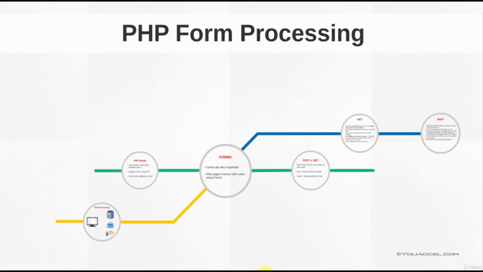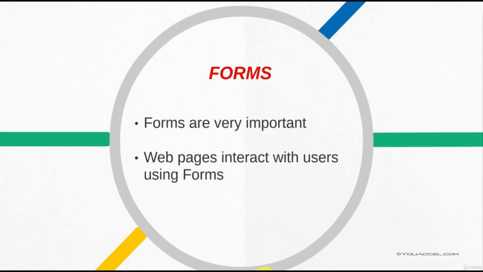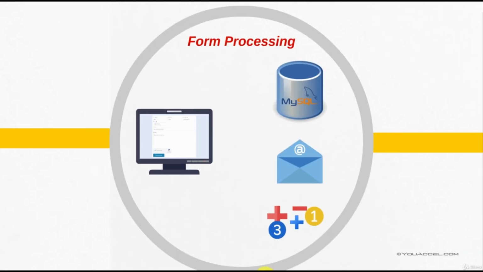In this part of the course, we're going to be discussing how to process HTML form data using PHP. The concepts explored here are very important because web pages interact with users using forms. Form data can be used for many things. We can insert data into a database.